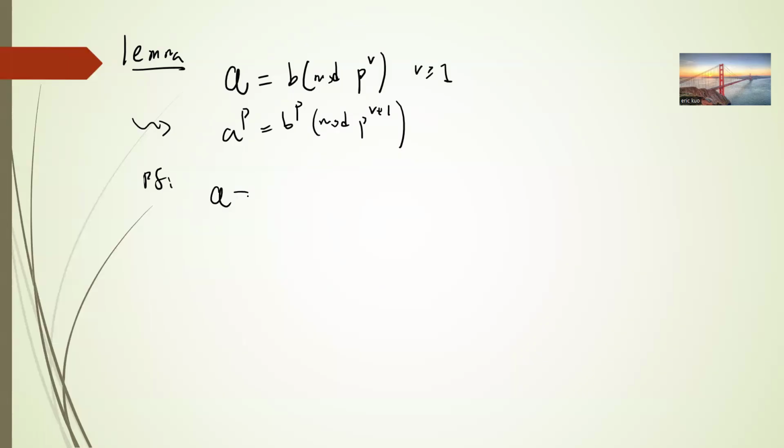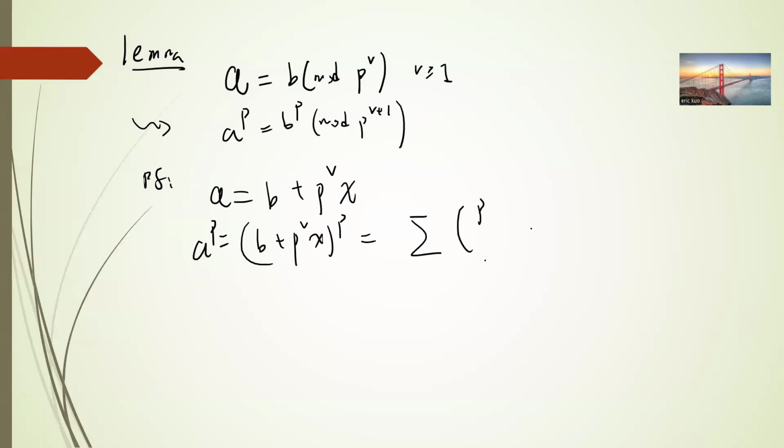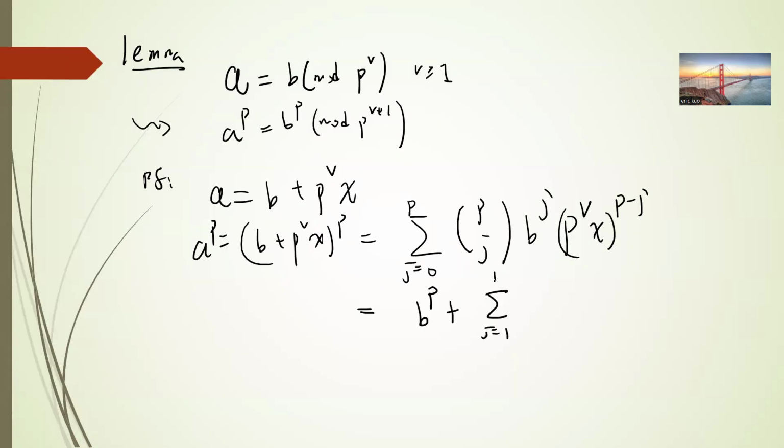So you can just write down A equals B plus P to the V times maybe X. And then you take the power P, so you get B plus P to the V X, to the power P. If you write down the binomial expansion, you get the sum over J of P choose J, B to the J, P to the V, X to the P minus J, where J equals 0 to P. The first term is B to the P. And the rest of the terms, J from 1 to P, are P choose J, B to the J, P to the V, X to the P minus J. Notice that there's an extra P here, as we proved.